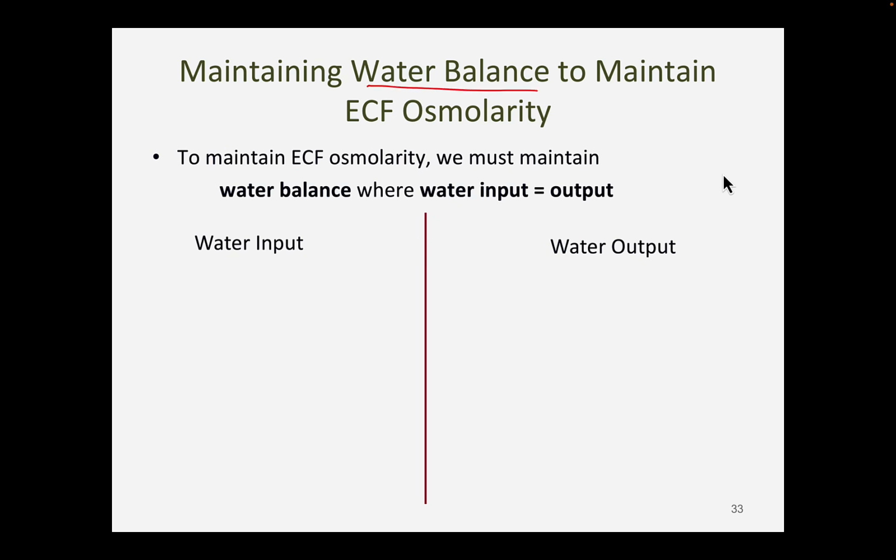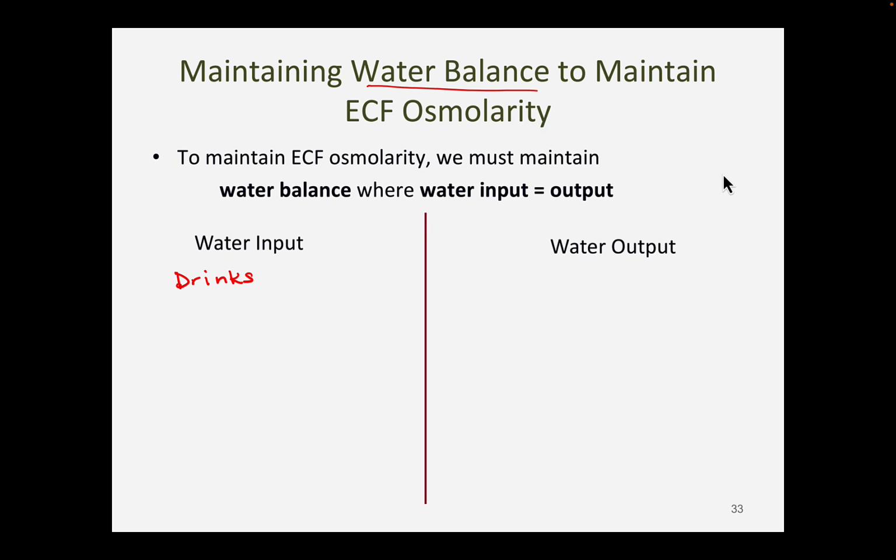So sodium maintains ECF volume. To maintain osmolarity, we want to maintain water balance. And water balance is where our water input equals our water output. So what are the water inputs? Obviously, we get water from the fluids that we drink.